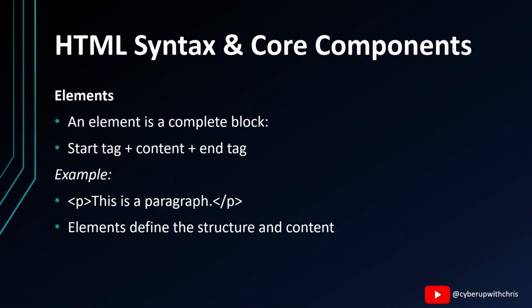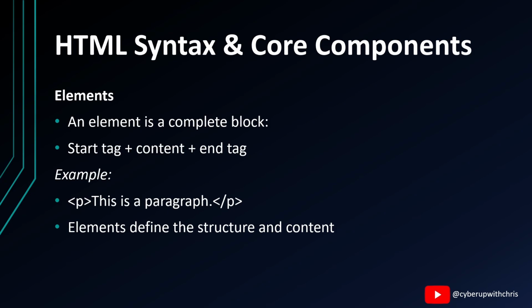Elements. Now let's talk about elements. An element is a complete block in HTML. It's made up of three parts mainly: the start tag, the content of the tag, and the end tag, which always begins with a slash. So for example, this is a paragraph. If you look at the paragraph, you see it begins with the opening tag.